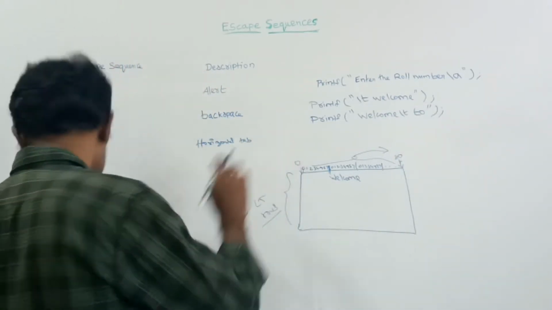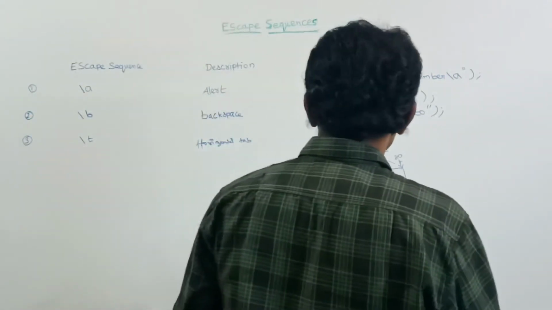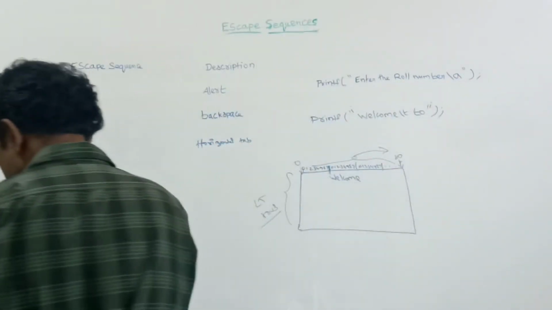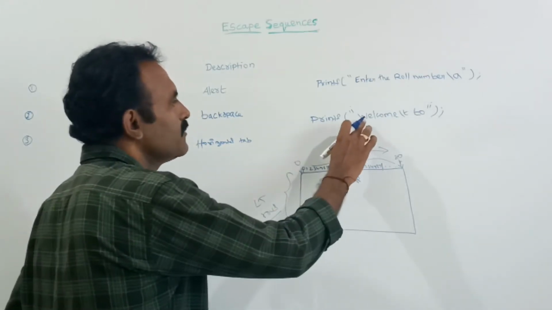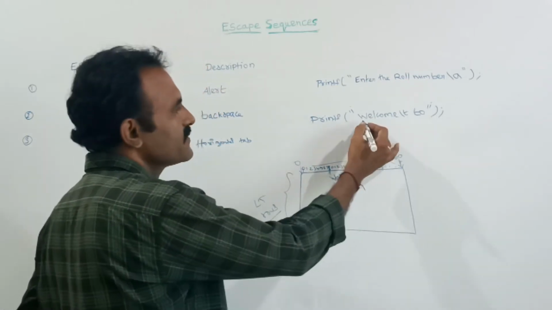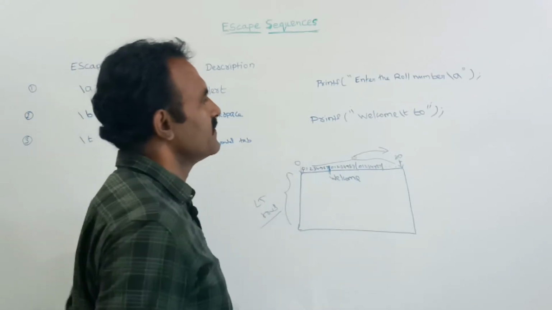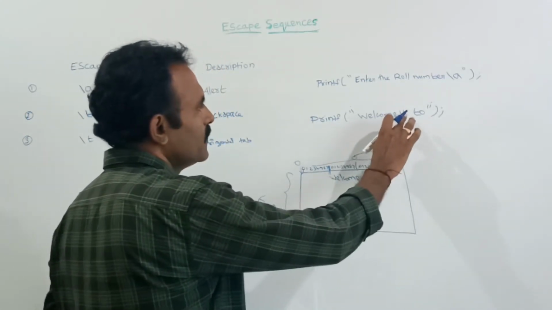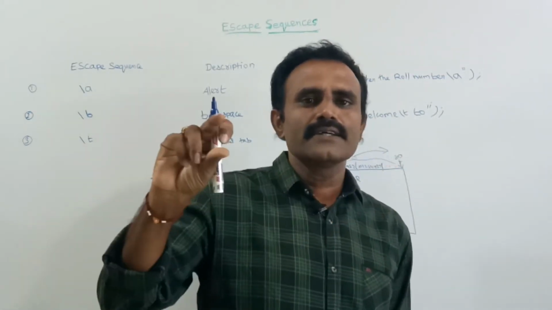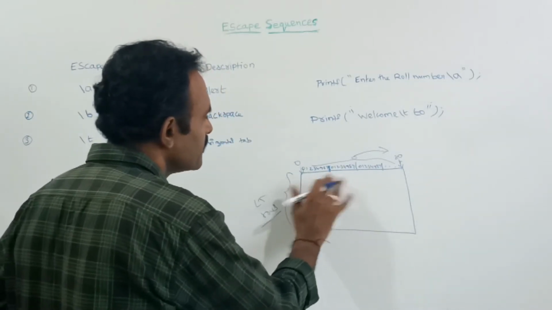At the very first it will leave 8 spaces. Now I am saying welcome slash t and 2. How many letters are there? For welcome there are 1, 2, 3, 4, 5, 6, 7 letters. So slash t takes up to 8 spaces.